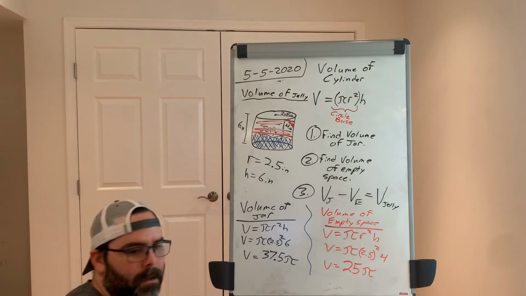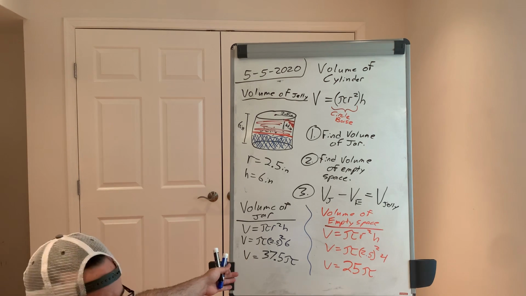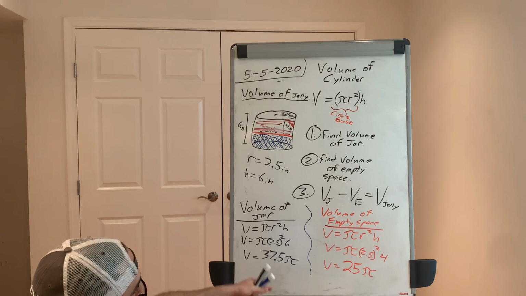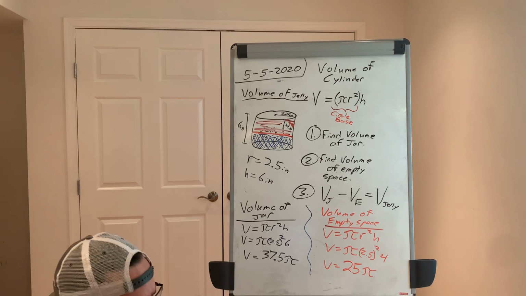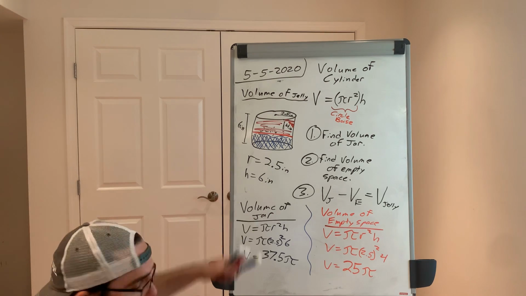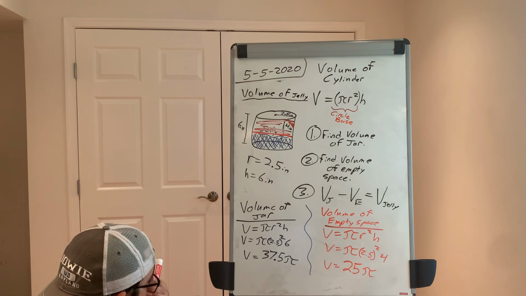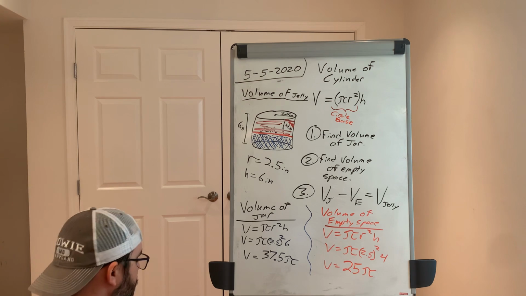Okay. So now I have the volume of the jar, which is 37.5 pi. The volume of just the empty space is 25 pi. Now how do I find the volume of the jam, or just the blue space? I subtract these two numbers, and you're going to end up with 12.5.